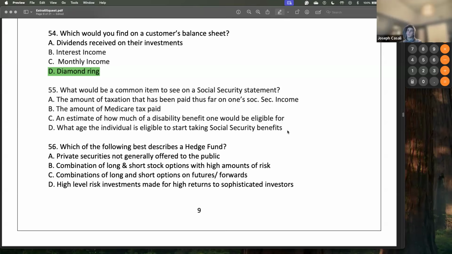Is it D? It's actually C, but who cares? I don't think you're going to see it. It's C as in Charlie.